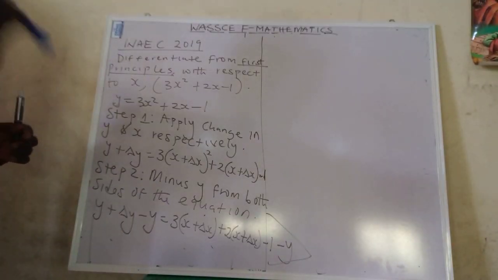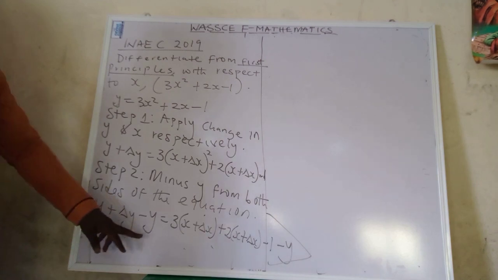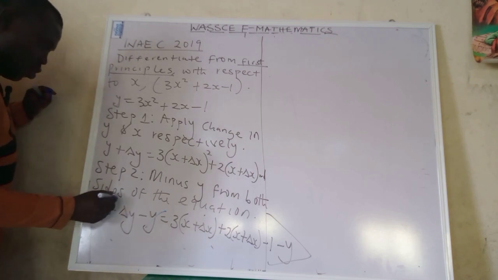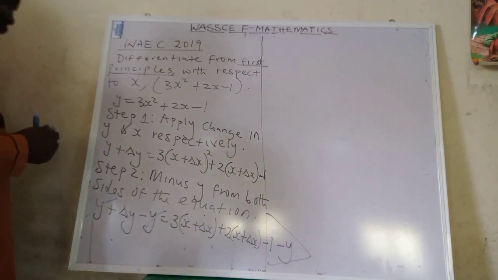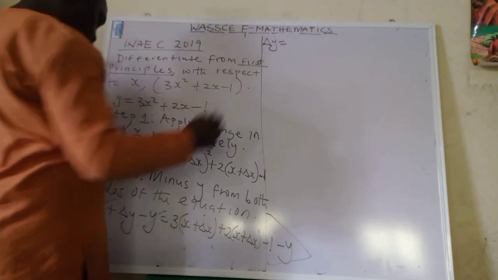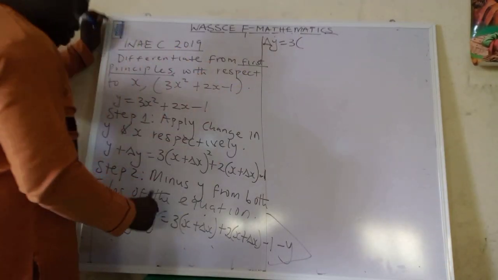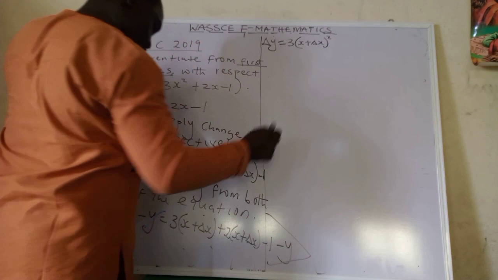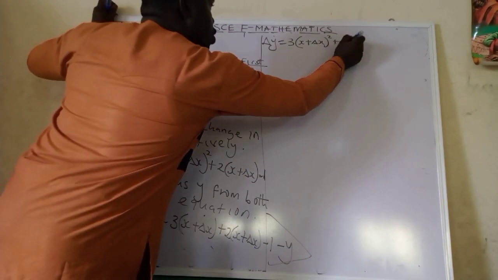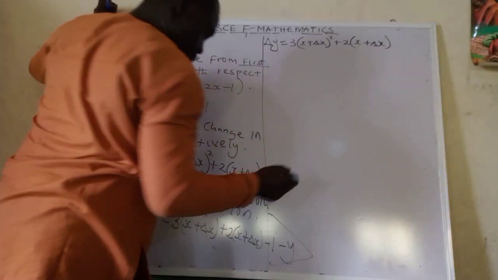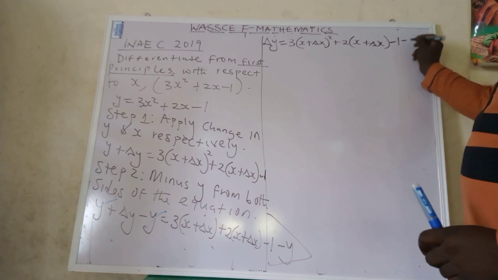That's what it means, to minus y from both sides of the equation. So I have minus y here, I have minus y here. So I will have this, we have to cancel this. And then I'm going to have here change in y equals 3 brackets x plus change in x all squared, plus 2 times x plus change in x, minus 1 minus y.